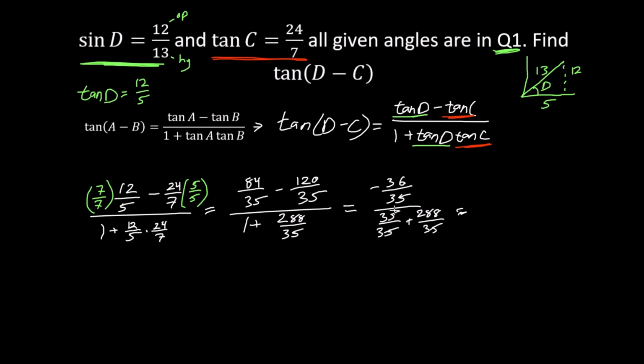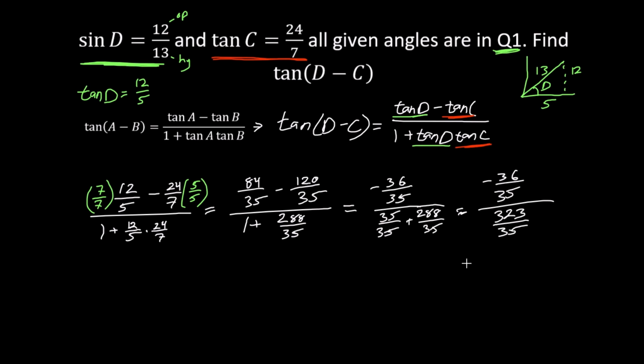So now before I divide these two, I've got to finish solving this denominator. We have a common denominator, which means that we can just straight add them. So 288 plus 35 is going to be 323 over 35.